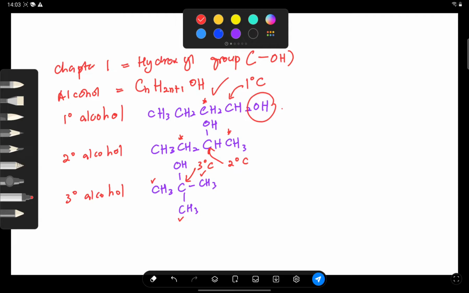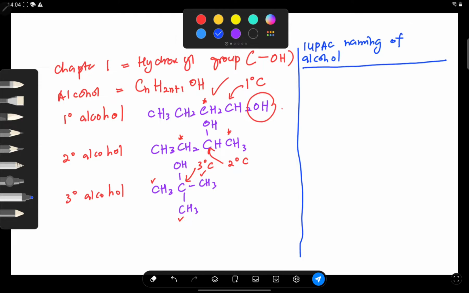So, we move to the IUPAC naming of alcohol. Let's say you have CH3, CH2, CH2, CH2, then OH.